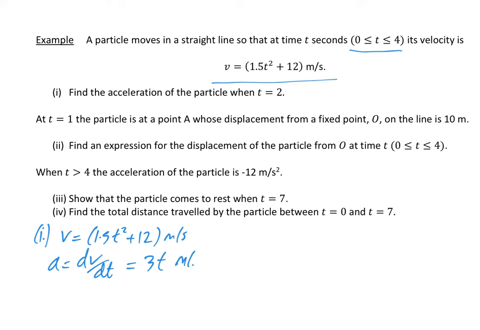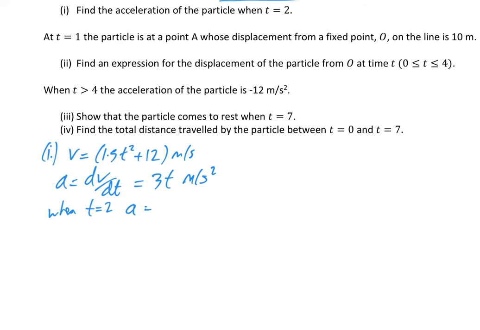Okay, and that's going to be meters per second squared. So just say when t is equal to 2, your acceleration then works out to be 3 times 2, which is just going to be 6 meters per second squared.